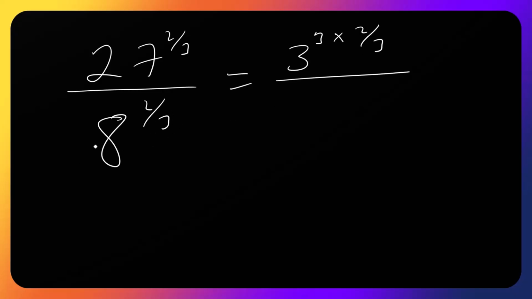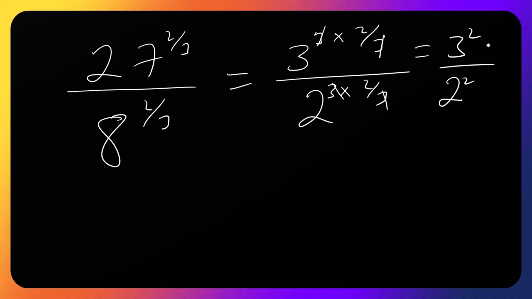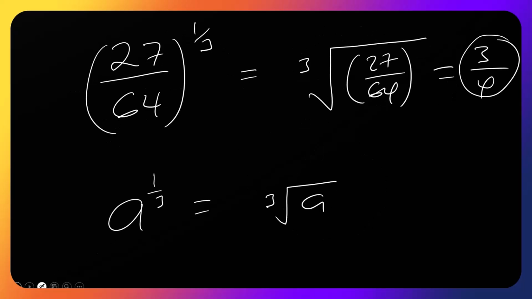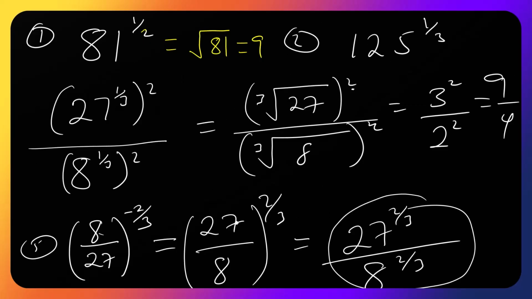And this side is 8. Which number to the power of 3 will give us 8? 2. 2 to the power of 3 times 2 on 3. So this one will cancel this, and now we'll have 3 squared. This one will cancel, and we'll have 2 squared. So we have 9 on 4. Alright, so you can try the last method, doing it once. Start from here.